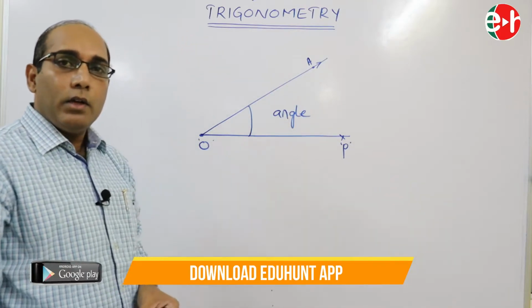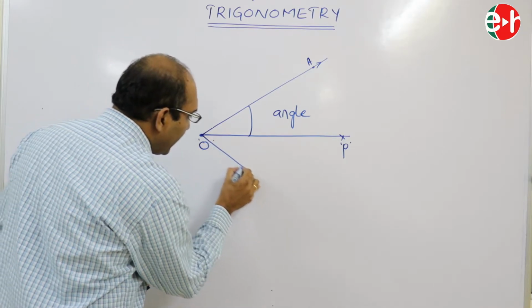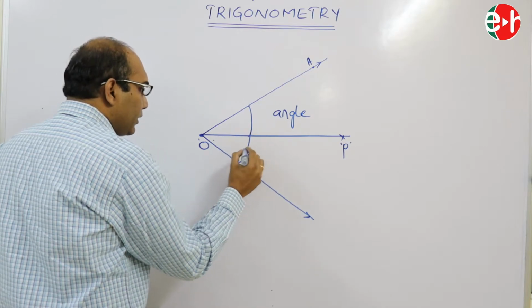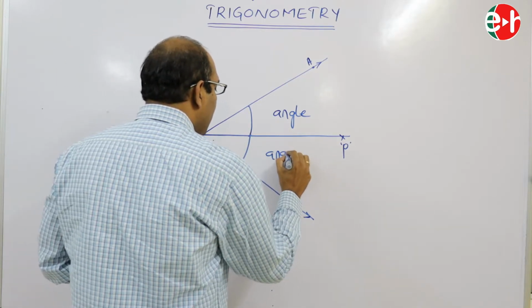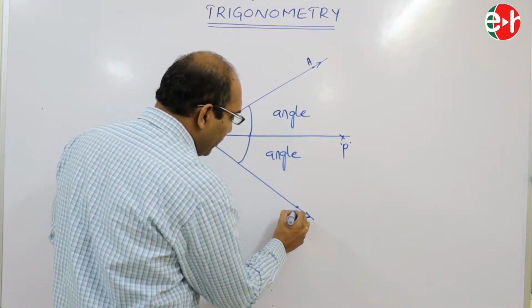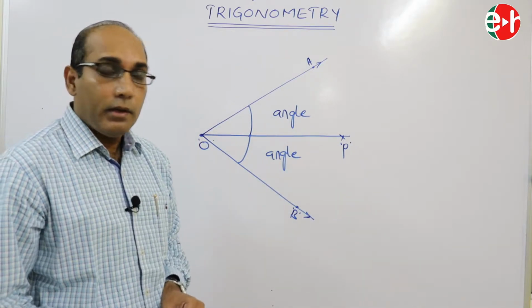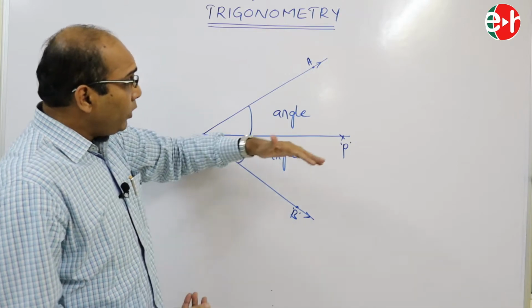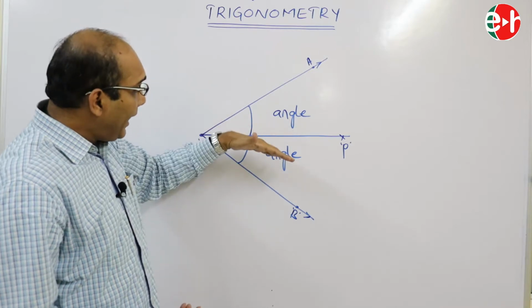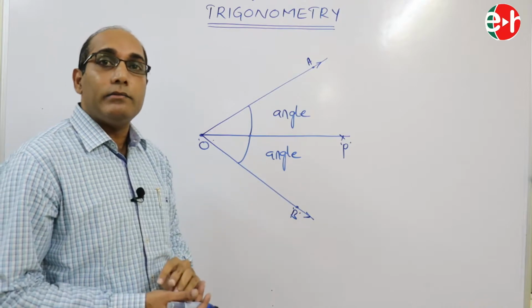Now, in clockwise sense, you take something like this. Still, it refers to an angle. Let us consider any point on the final line, capital B. Now, the amount of rotation made by OP about a fixed point in anti-clockwise sense or clockwise sense refers to an angle.